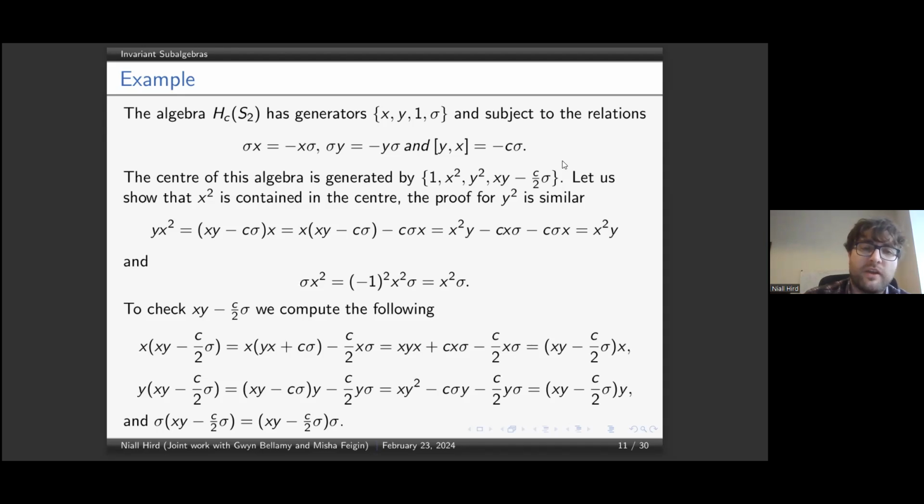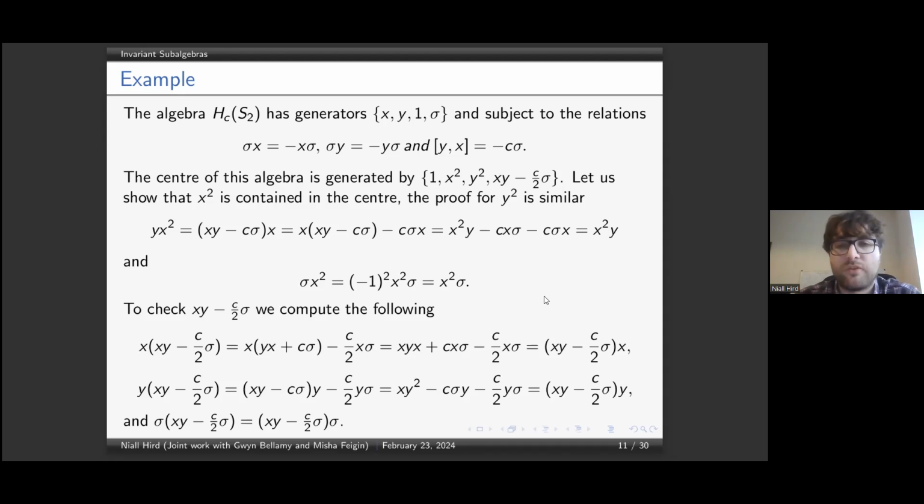But we just check that x squared commutes with y, and it commutes with the group term as well, sigma. And the calculations for y will be identical. And then for this last term as well, we also have to compute that. And it takes a little bit more work because the Cherednik commutator relations come out a bit more complicated, but it's not too bad. Okay, so we find that these are all the things in the center.